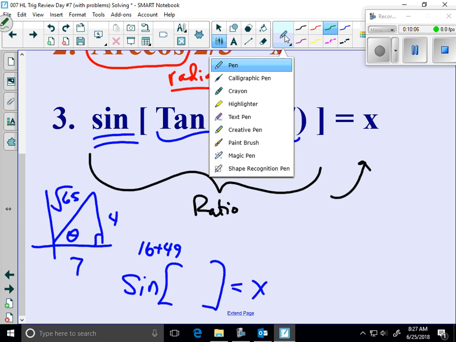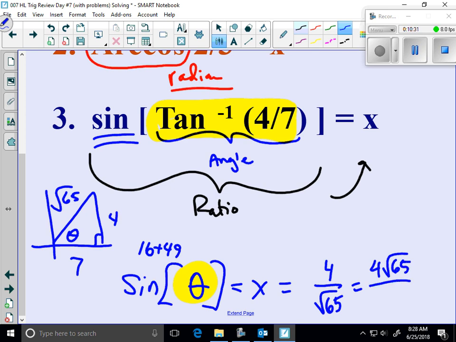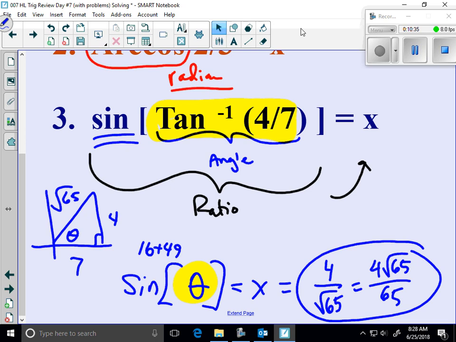So what would be the sine of theta there? The sine of theta would be 4 over root 65. Or if you wanted to go varsity, 4 root 65 over 65. Both of those would be acceptable answers.